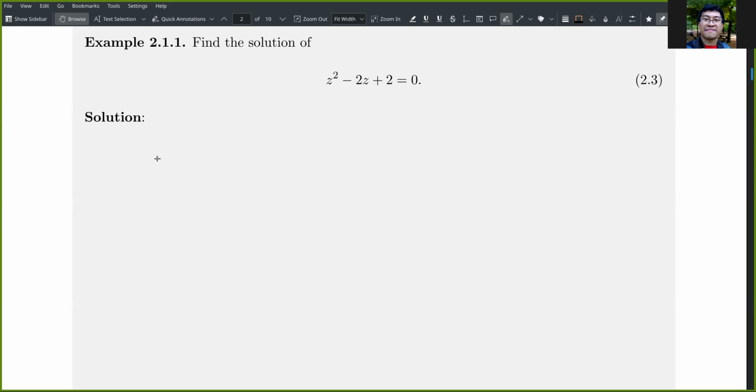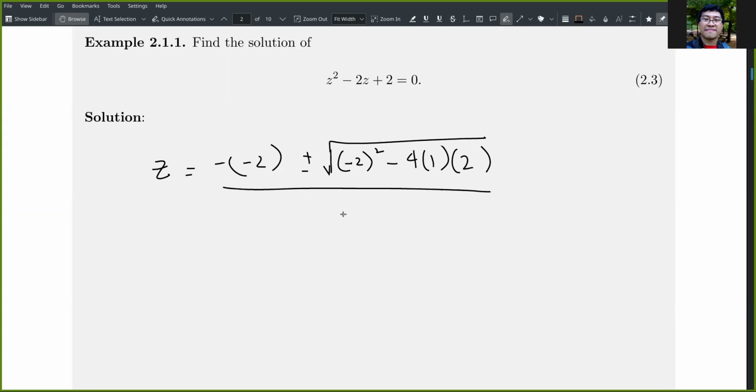So using the quadratic formula, we can simply write z as negative of minus 2, plus and minus square root of minus 2 squared minus 4 times the coefficient of z squared, which is 1, and this term, which is 2, divided by 2 times this coefficient 1.